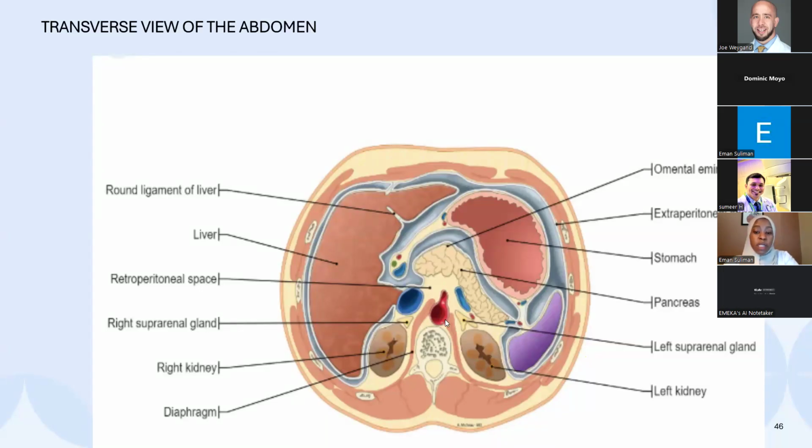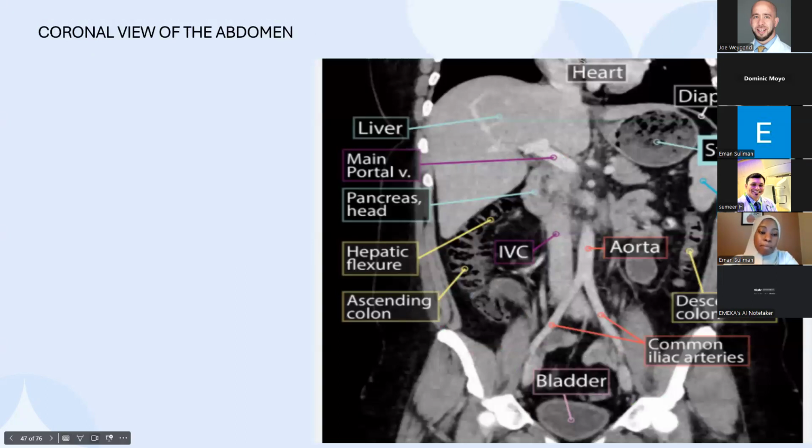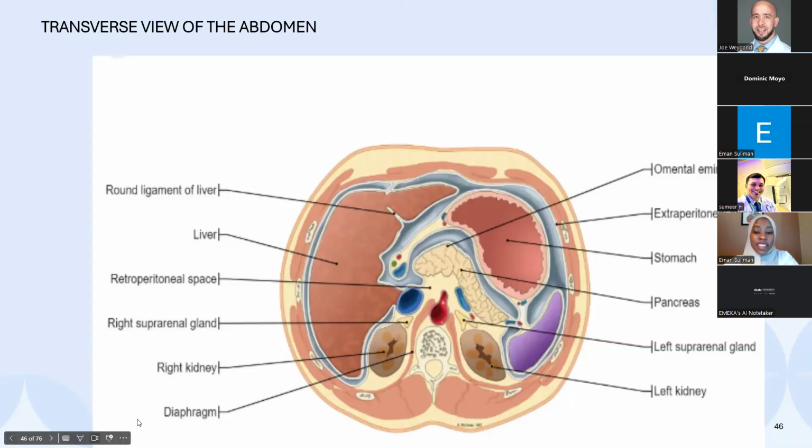And here is the abdominal aorta, the inferior vena cava. Here is the inferior vena cava, the aorta, and the right and left kidneys.